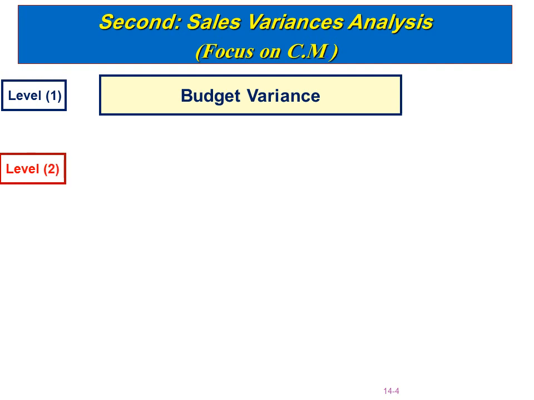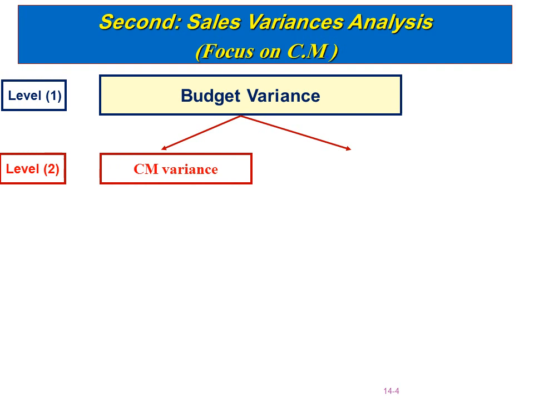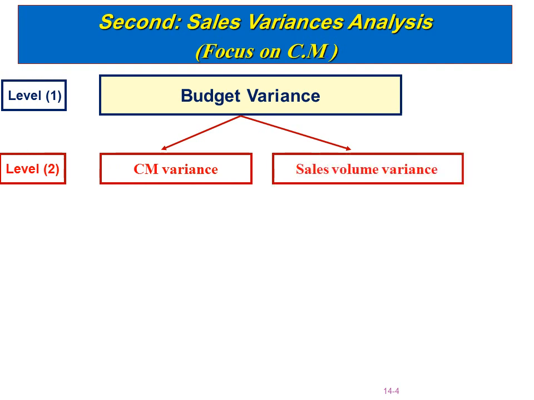In the second level, we analyze budget variance into 2 variances: the first one, contribution margin variance, and the second, sales volume variance.